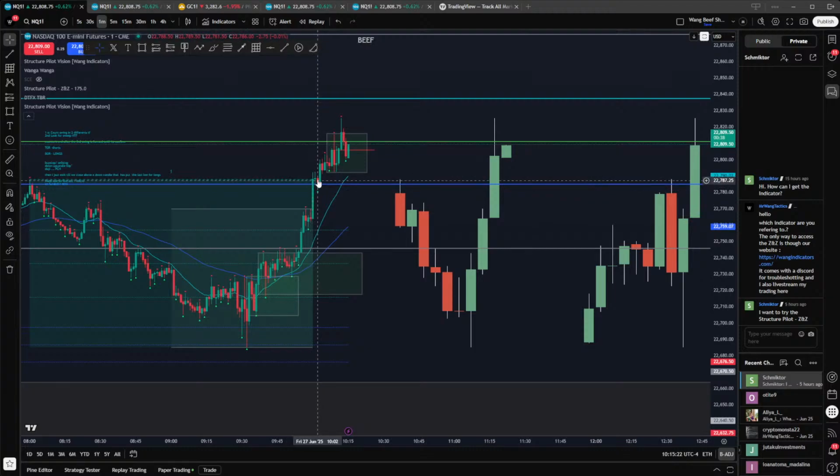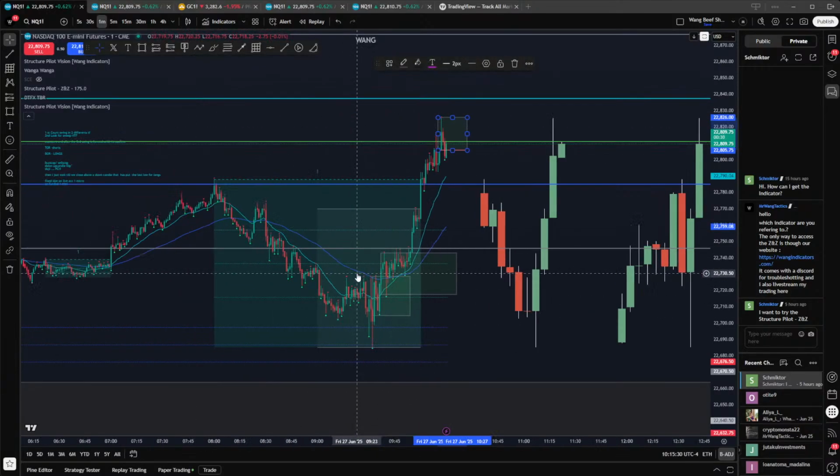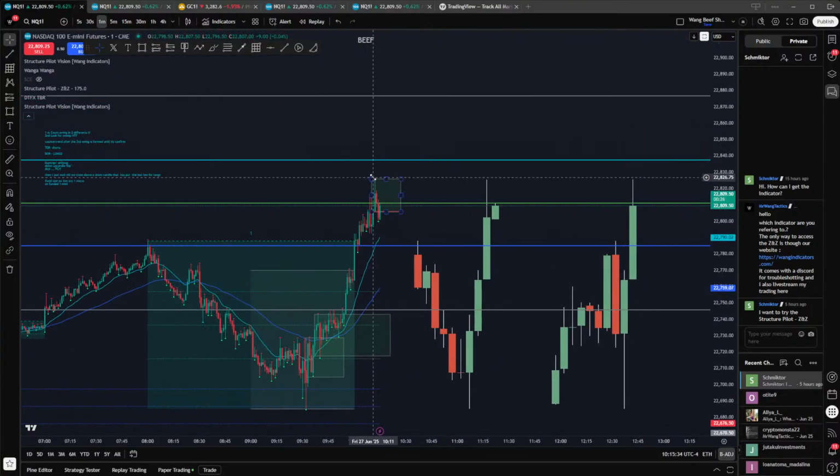So the idea is the same. If price respects this, we can see some lows. If not, we're going higher. We're just looking at the behavior of price around our level line.